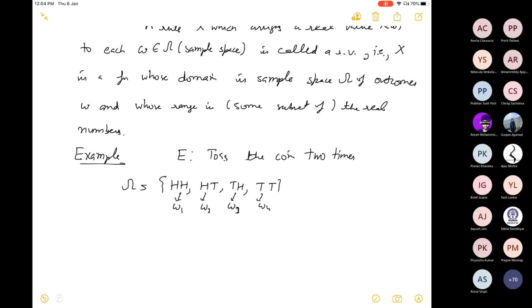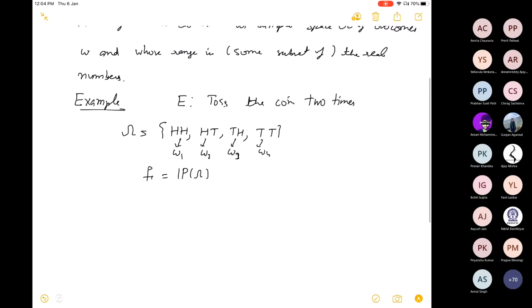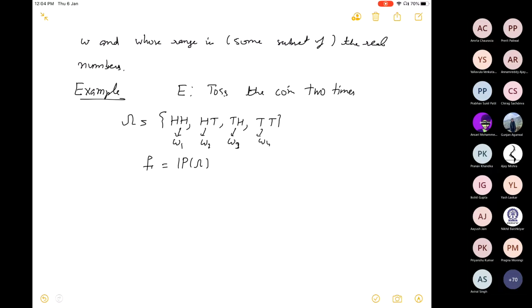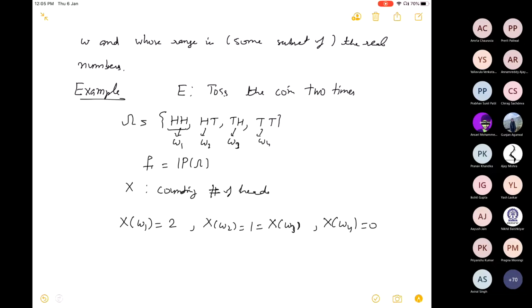Here you can take F as the power set. Let us define the random variable X as counting the number of heads. So if we apply X on omega 1, we will get 2. If we apply it on omega 2, we will get 1. Similarly, X of omega 4 is 0.